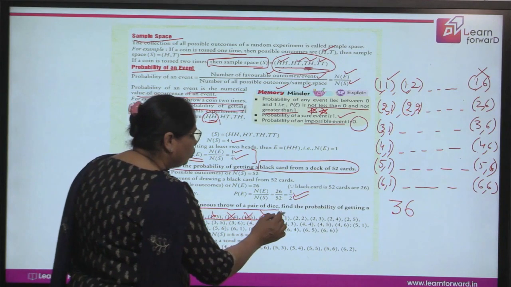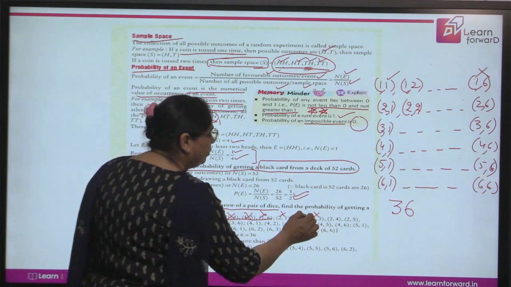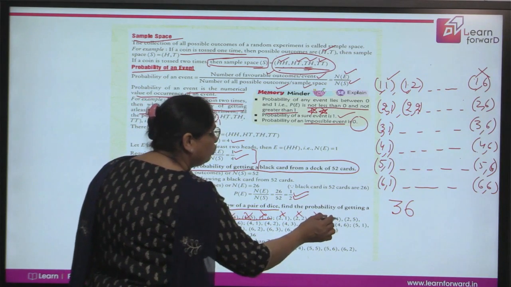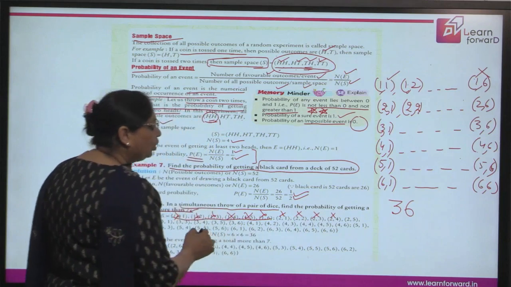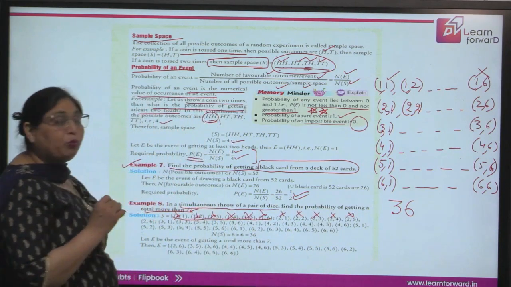2 1 is also not taken: 2 plus 1 is 3, 2 plus 2 is 4, 2 plus 3 is 5, 2 plus 4 is 6, 2 plus 5 is 7, but we have to find more than 7.